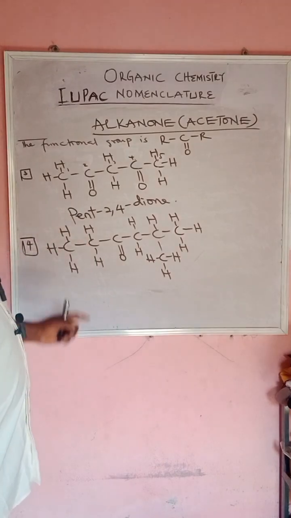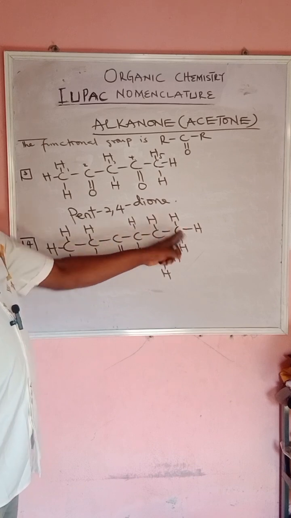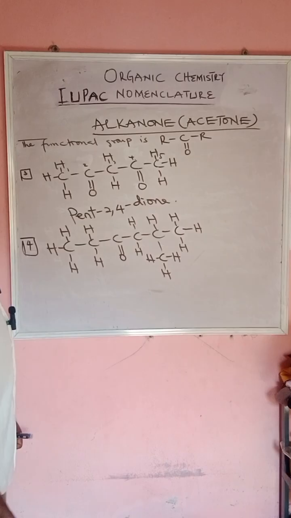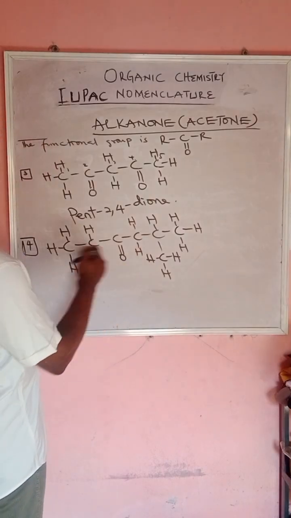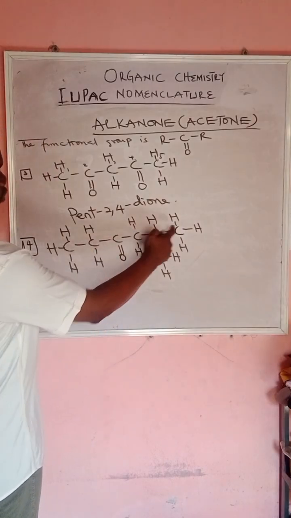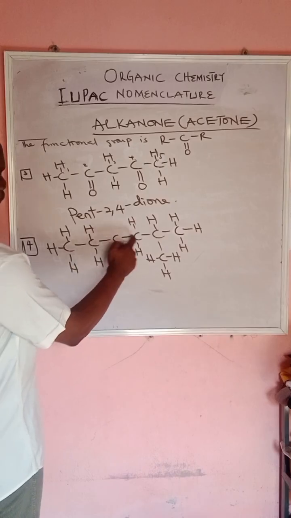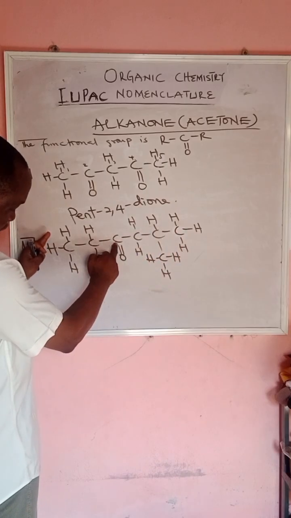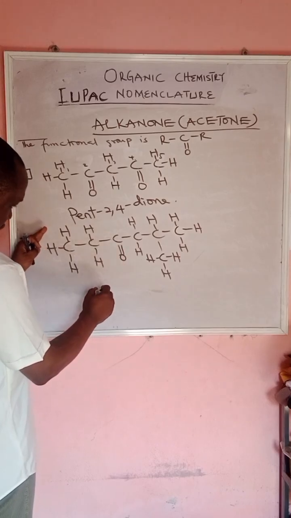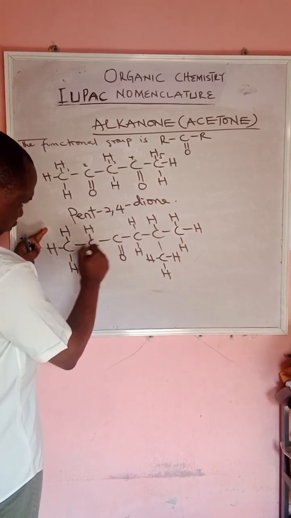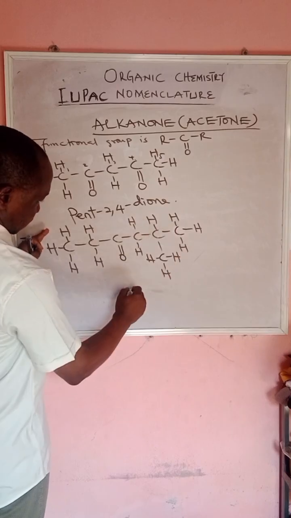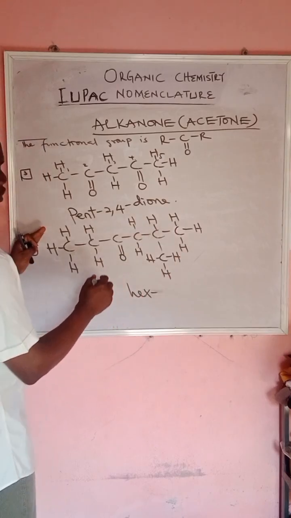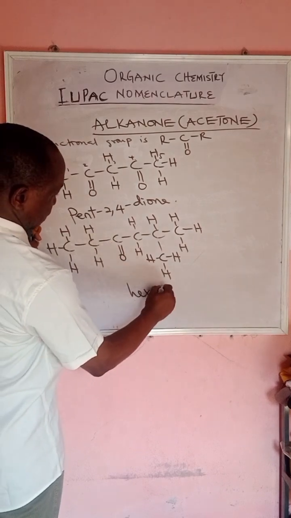Too easy. So if you count the longest, 1, 2, 3, 4, 5, 6. So if you count from here to here, let me start, 1, 2, 3, 4, 5, 6. I'm counting from left to right. So the one will be on carbon 3. Carbon 3. So it will be 1, 3, 4, 5, 6. This is hexane. That is hexan-3-one.